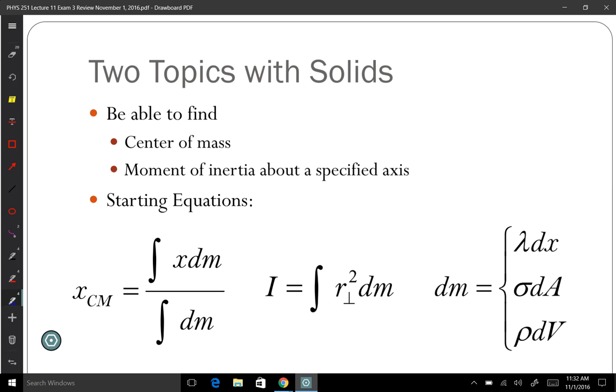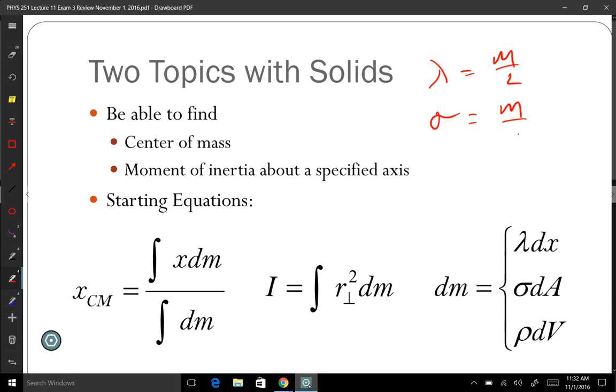And so if it's a one-dimensional distribution, dm is lambda dx, where lambda is the lineal density, the mass per unit length. So I didn't write that down here, but in these definitions below, lambda is the mass per length, sigma is the mass per area, and rho, of course, is the mass per volume.